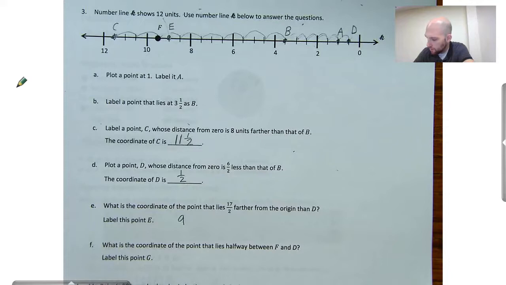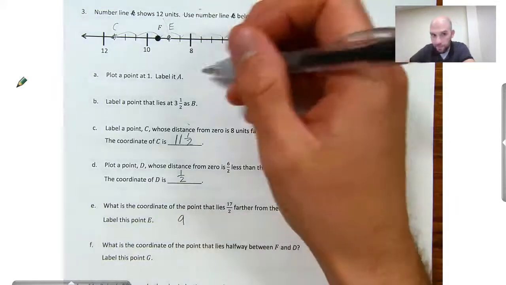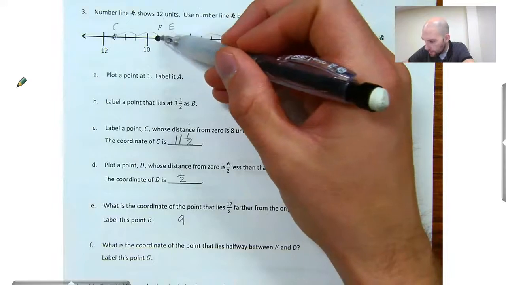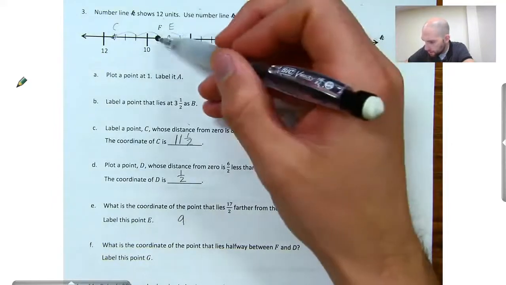And then what is the coordinate of the point that lies halfway between F and D? So I'll have to figure out what lies right in between F and D, the midpoint here. I'm going to jump by, I guess I'll just go by ones.